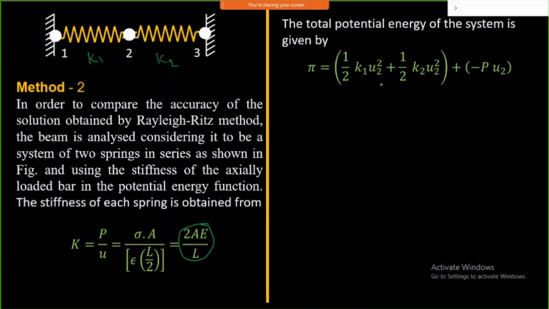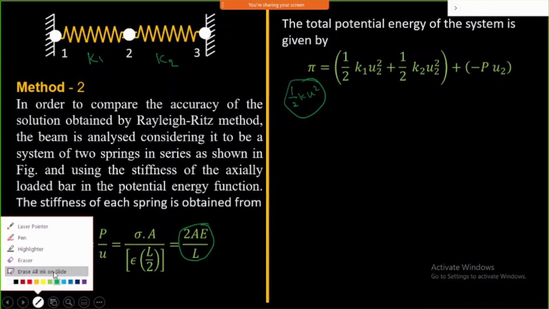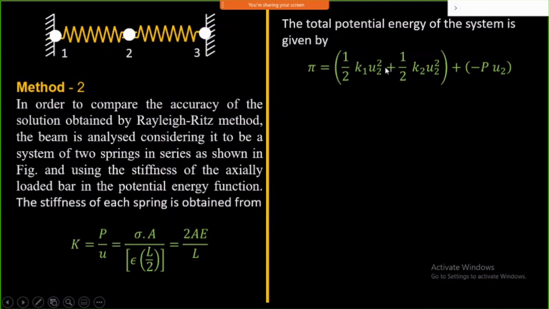Now total potential energy, already I told that total potential energy is half of K into U square. This is basically the formula for potential energy. Now I can determine the strain energy stored in the first spring, strain energy stored in the second spring, and minus the externally applied force. Here we have applied the force P, and displacement we assume here to be U2.